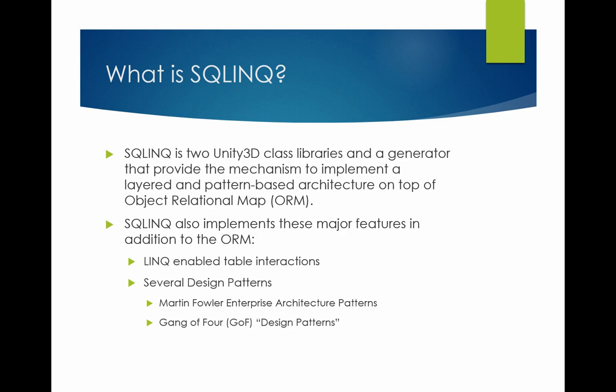And so the ORM basically says, okay, here's your object, I'll persist it in the database. Or if you're sitting inside your domain and you want to get some objects out of the database, you go to the ORM and say, give me some objects out of the database. This platform is a little bit more sophisticated than that simple overview, and that'll be pretty clear as we get through it. So SQLINQ is implementing the following two major features.